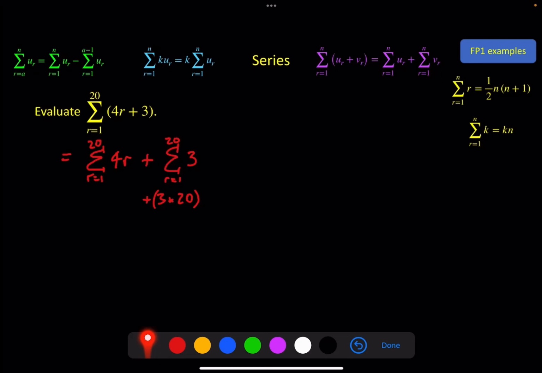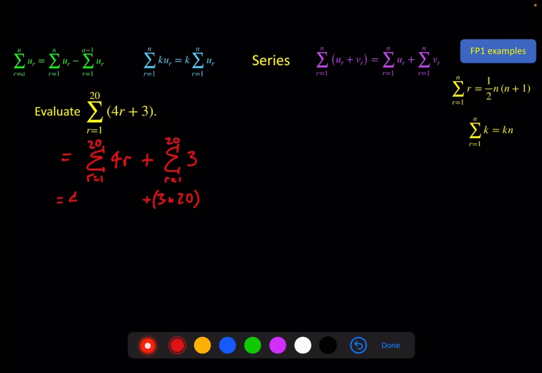K times an r formula, I can bring the k, here the 4, outside the summation. And the reason I'm doing all of this and didn't just play with this is because I don't know a formula that will sum this for me very easily. I would have to write out all 20 terms and add them together. Whereas I do know a formula for just r by itself, it's this one here. So that's the reason why I'm pulling this apart.